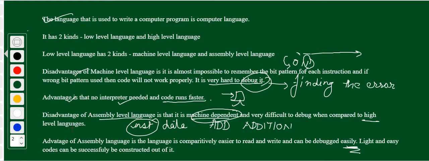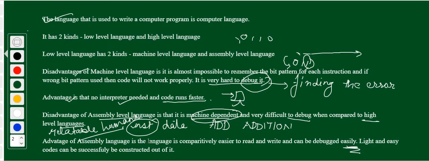High level languages are more relatable and understandable by humans. So compared to them it is very hard to debug, but compared to machine level language, which consists of just zeros and ones, it is a lot easier to debug.